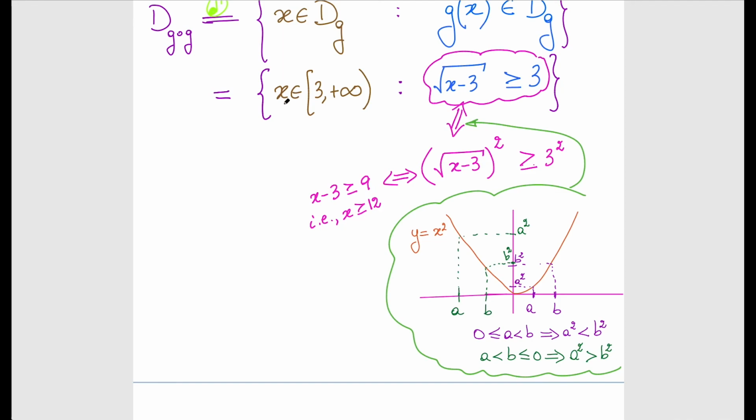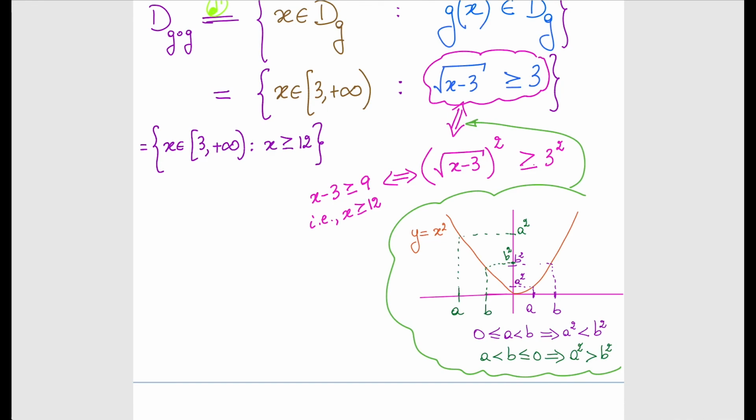Okay? Alright, so now I'm gonna go back and complete this set. Now I have a full knowledge of it. So this is then the collection of all real numbers that are from 3 onward, right? This part, the brown one, such that x is at least 12. Correct?